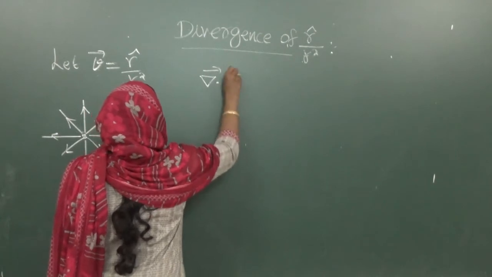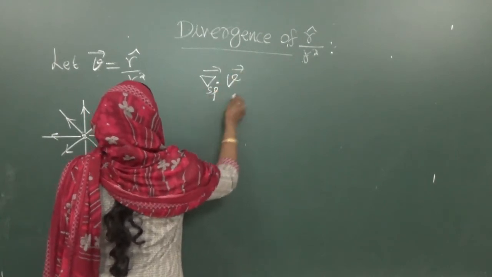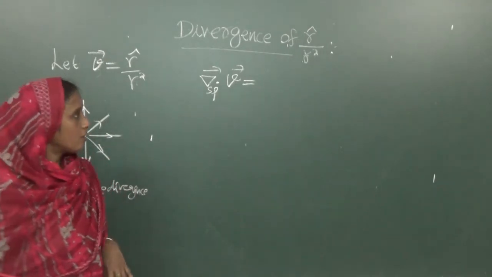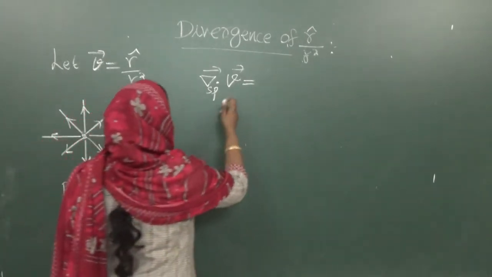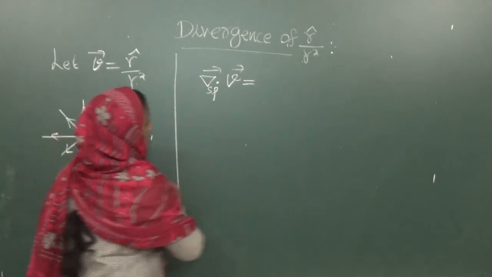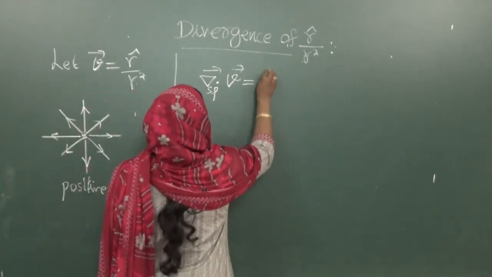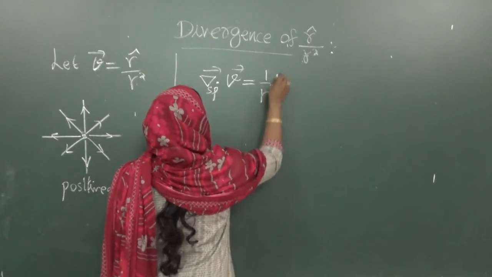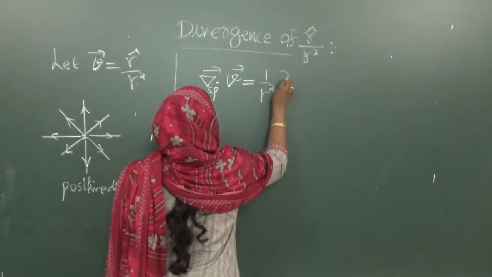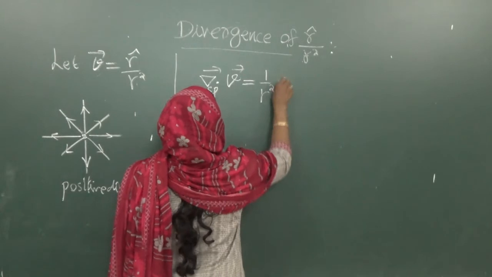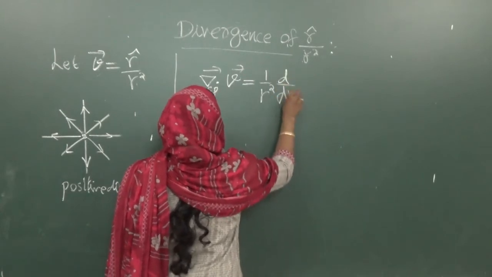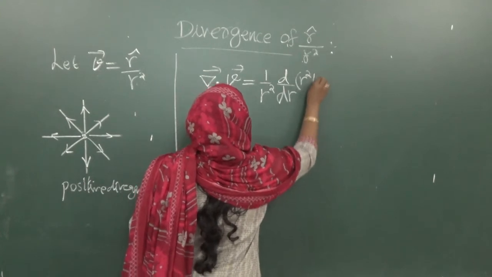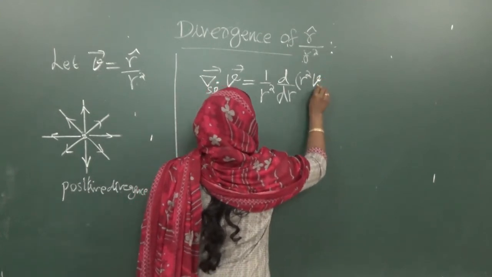Del dot v in spherical polar coordinates equals 1 by r square d by dr of r square vr.